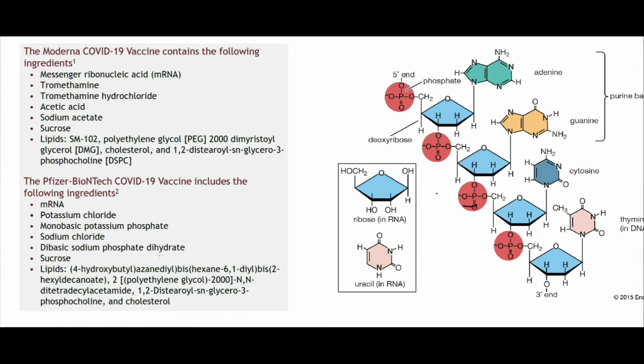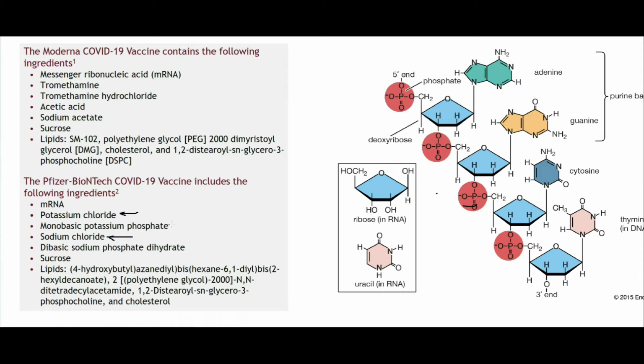They're chemical names, so people can be a little put off by chemical names, but essentially what these chemicals are doing is just making it a salt solution. That's what the sodium chloride is. That's just table salt. Potassium chloride is another salt that everybody has in their bodies.